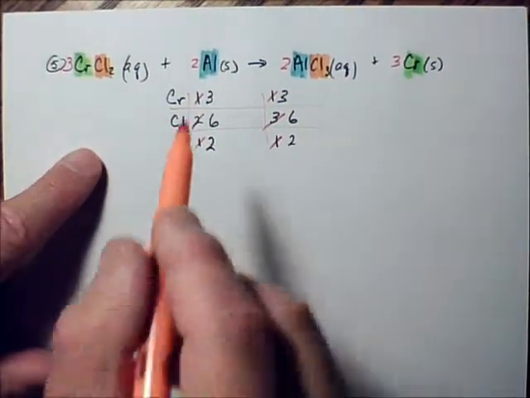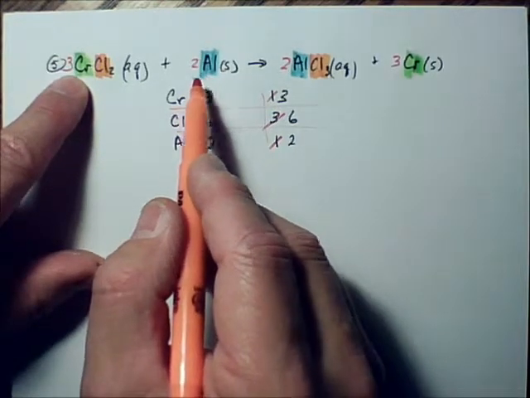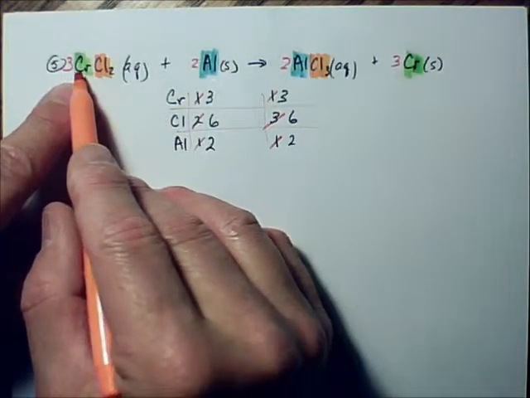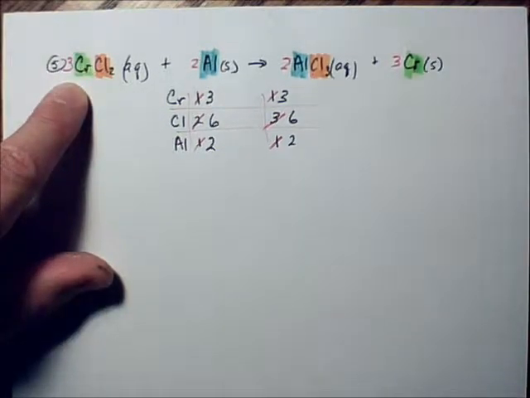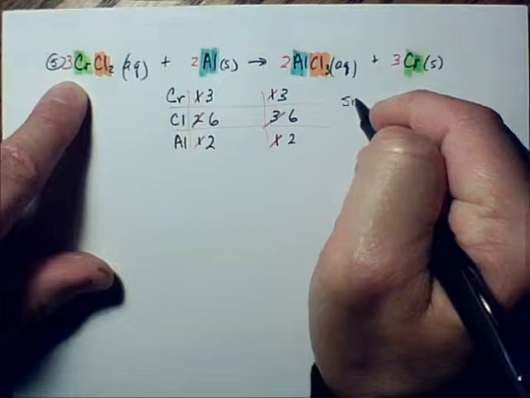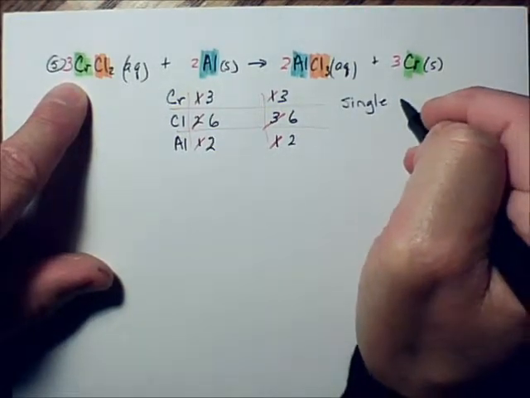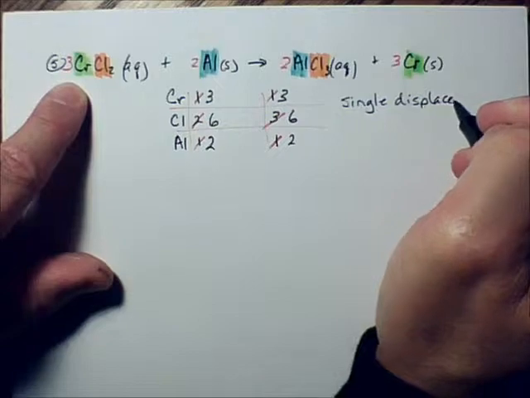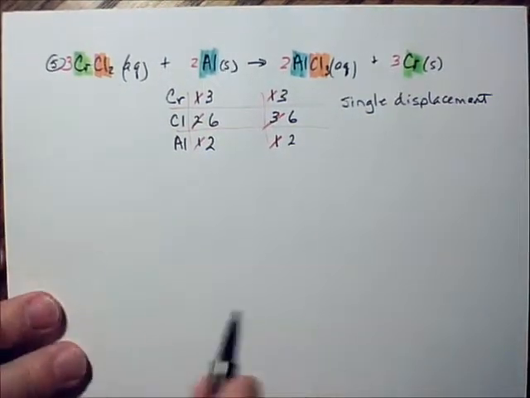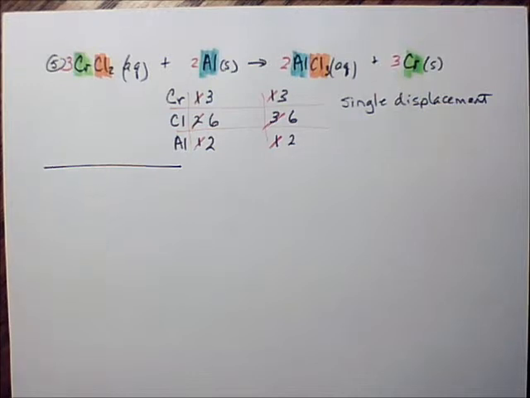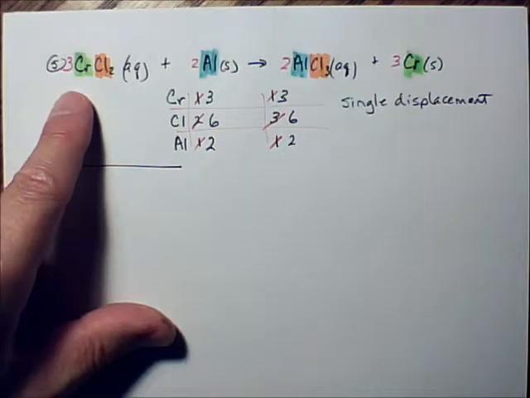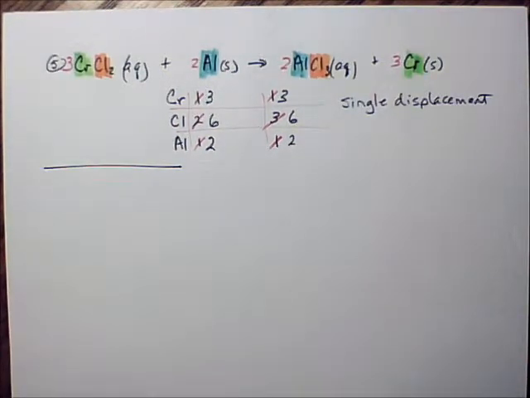Okay, so because I have an element that's by itself that displaces an element that's in a compound, I have a single replacement reaction. Single displacement, that's how I like to call it. That's what I prefer. Single replacement is fine. Won't count it wrong. I just like to call it displacement because I think it more clearly states what is really happening. It's displacing it. That's because the more active element displaces one that's in the compound. And we will find out about what activity means later.